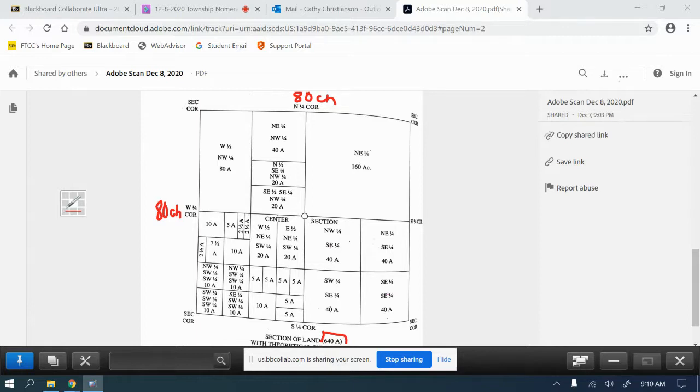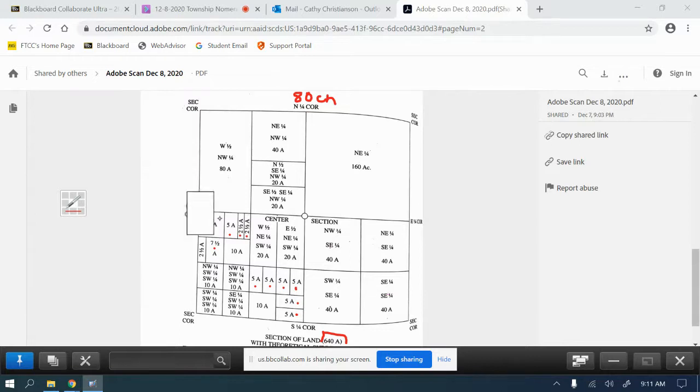So in other words, 10 acres was the smallest that they would recognize in sectionalized land, but you see that we've got several here that are less than 10 acres, and they would be like family members. Anything that was less than 10 acres wasn't recognized or needed to be labeled.